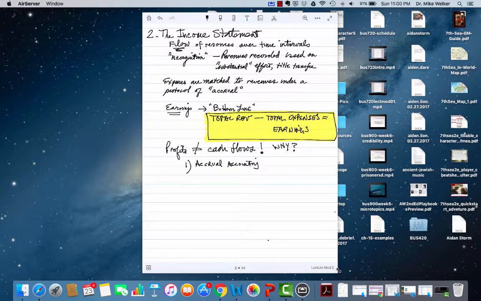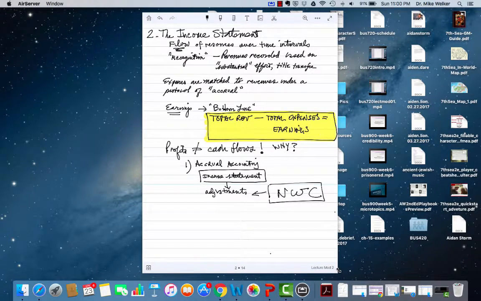So the income statement becomes one basis, one part of my calculation work. I have to make adjustments to it. You have to make adjustments based on net working capital. That's the current assets minus the non-interest bearing liabilities.